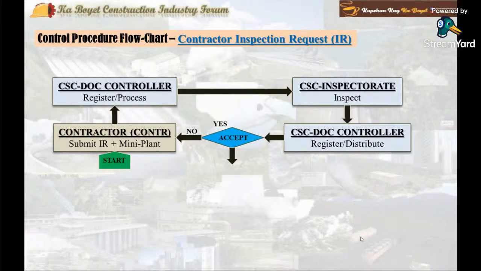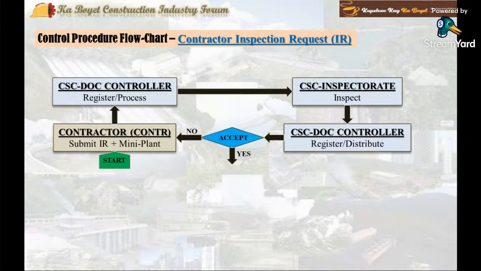On the other hand, if the inspection is marked approved as noted, the contractor shall take the necessary required action as per the consultant's notes on IR before proceeding with the next work activity.